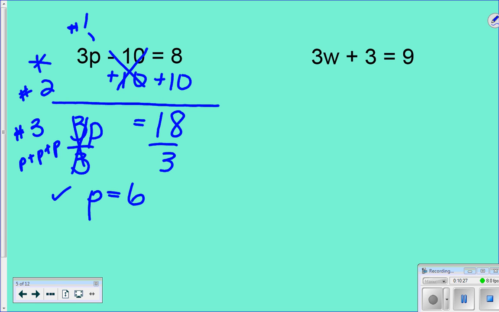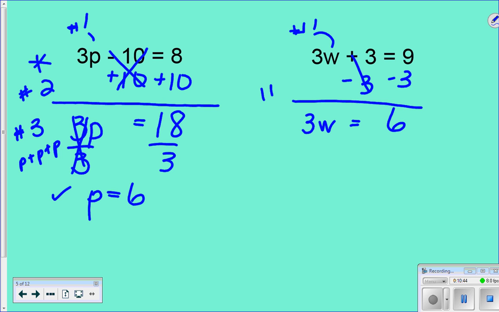All right, so what do you think I'm going to do for this one? What's the first thing you think I'm going to do? Zane. Yep, I'm going to take away 3. I draw my line. Here's my step 1, found the variable. This was step 2.